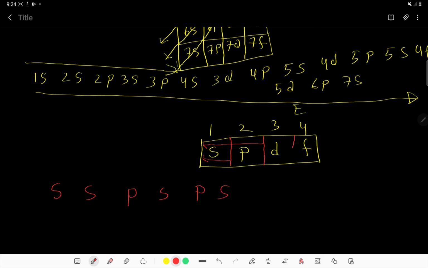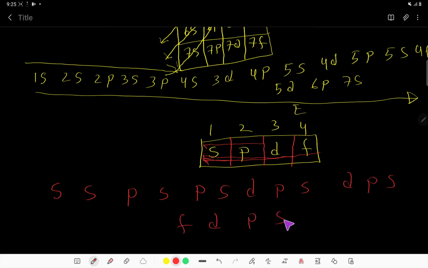Then you need to consider these three subshells, DPS, as a unit, and you need to write DPS twice. So then at last you need to remember these four subshells, FDPS, as a unit.